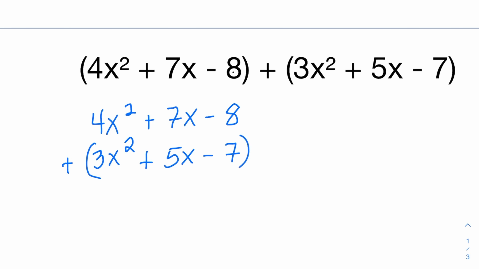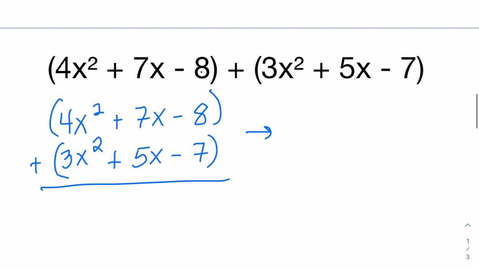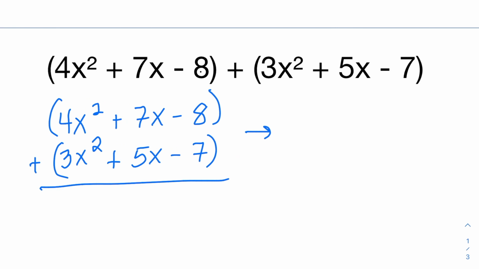If so, good eye. All right, so if we're adding these polynomials, then just like what we did before, think of each of these in parentheses, but if everything in front of the parentheses happens to be positive, we can drop the parentheses and rewrite it without.